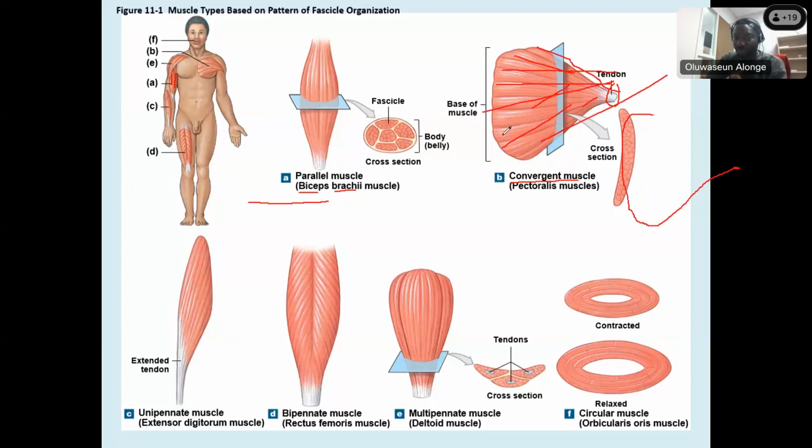Now, we call that convergent. That's another way that fascicles are arranged. Each of these is a fascicle. You see the fascicles start wide at the base and then converge at the point. That is a convergent muscle.